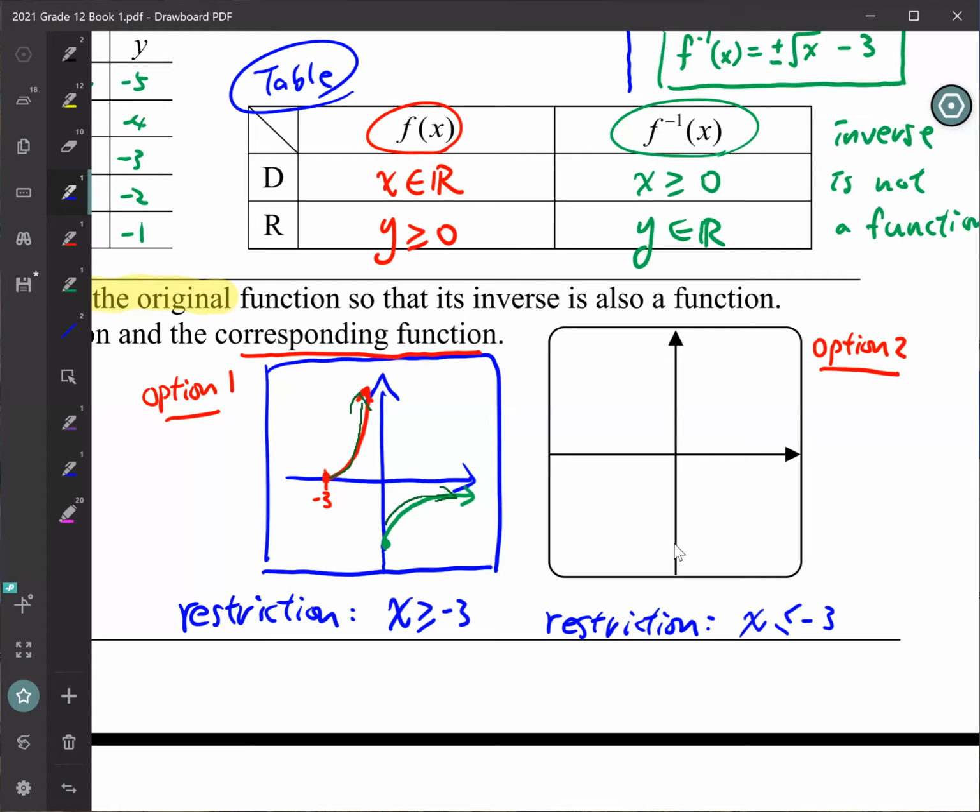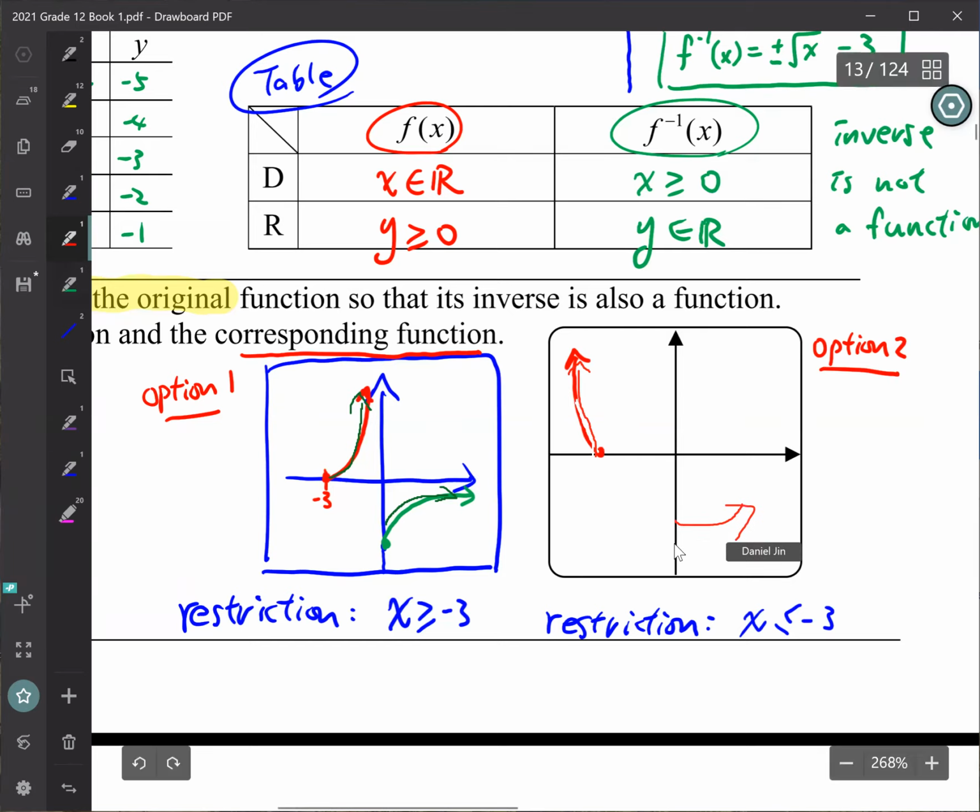Okay, Daniel, can you try to draw on the screen? Okay, yeah, that's good. Left side. Okay, and inverse.